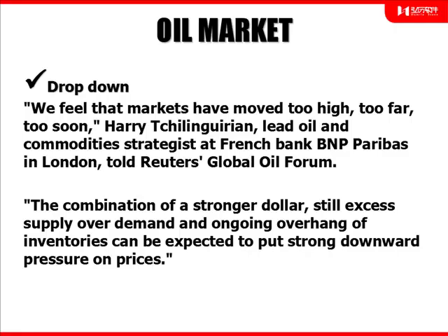Harry thinks the supply right now is still over the demand, so there must be a drop in the oil market, and he thinks the oil will go back to the 30s. That 30 US dollars would make sense.